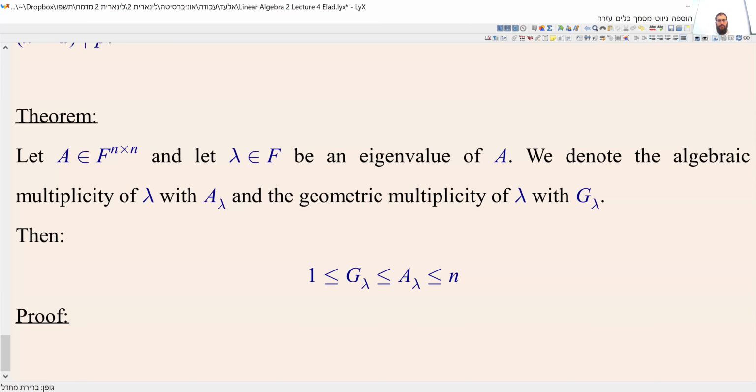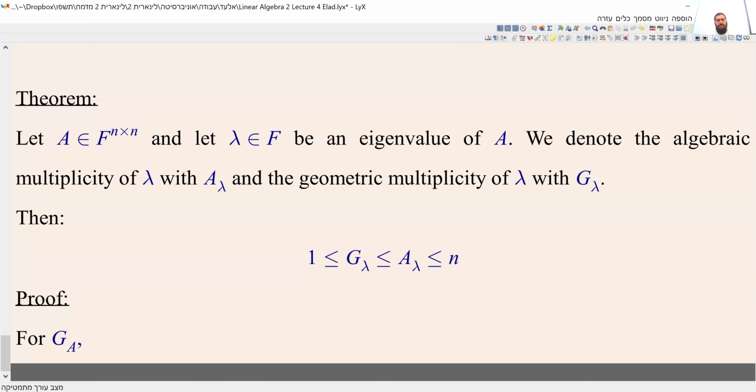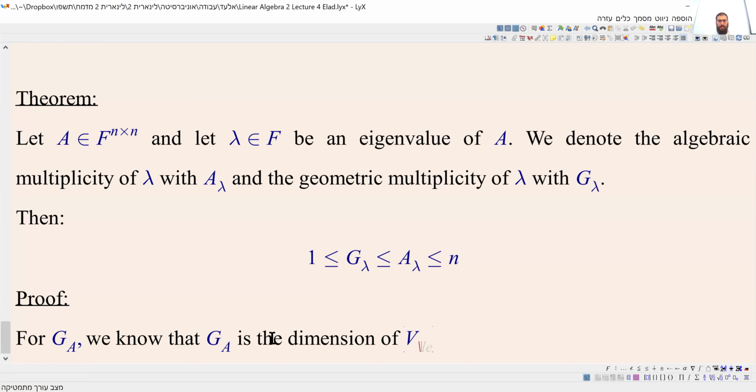Okay. So, first of all, let's look at the geometric multiplicity. For g lambda, what is actually g lambda? We know that g lambda is the dimension of V lambda.